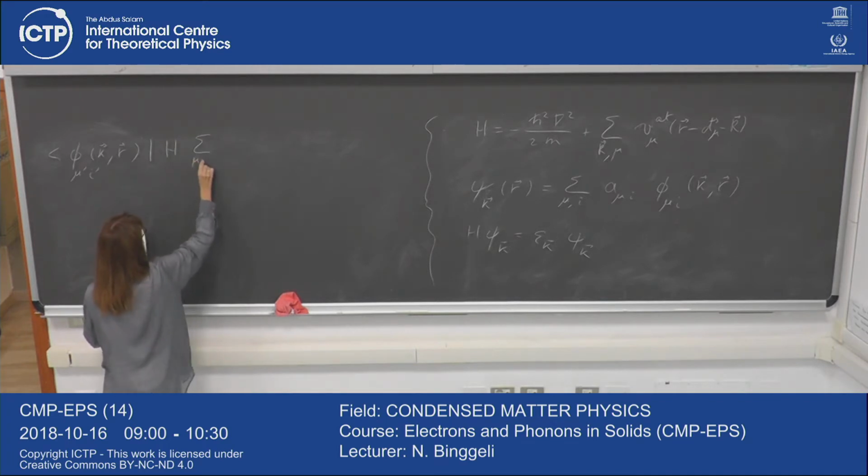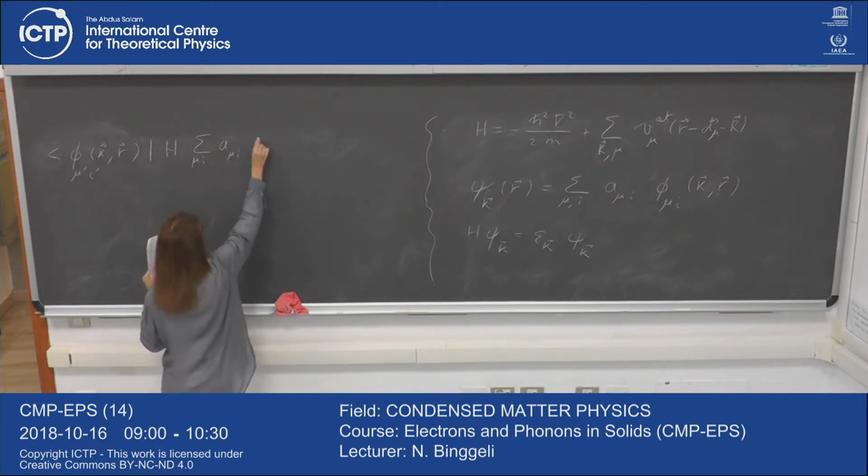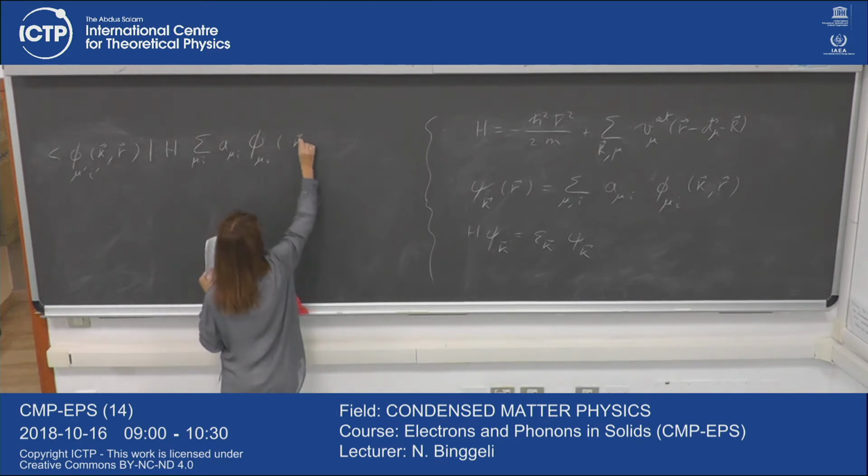So it's sum over mu i, a mu i, phi mu i of k r.